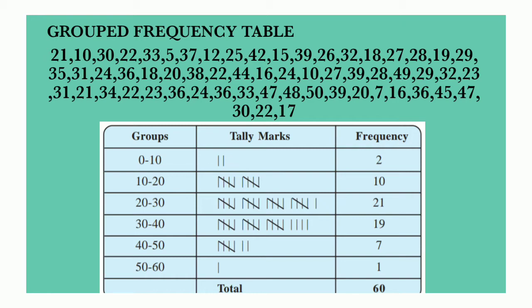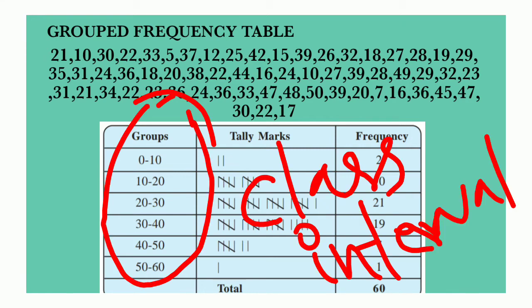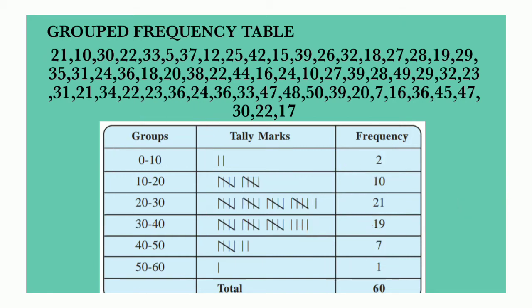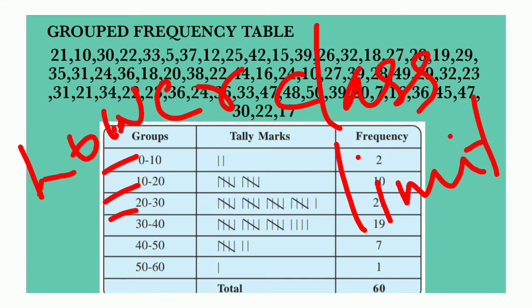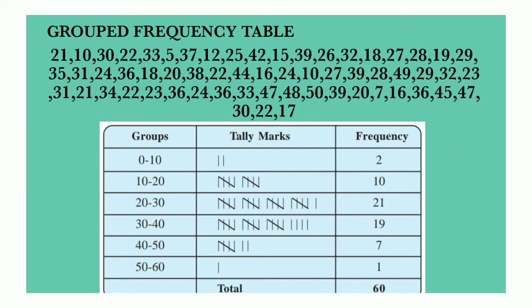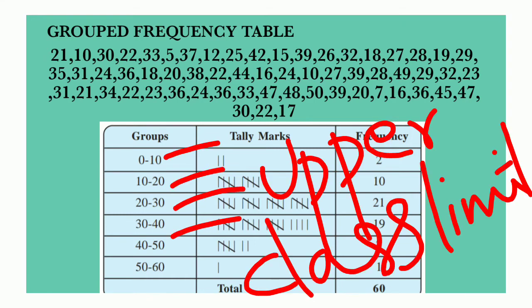Okay, then 0 to 10, 10 to 20, 20 to 30 are called class intervals of the data. In the class interval 0 to 10, the first number, that is 0, is called the lower class limit, and the second number, that is 10, is called the upper class limit.